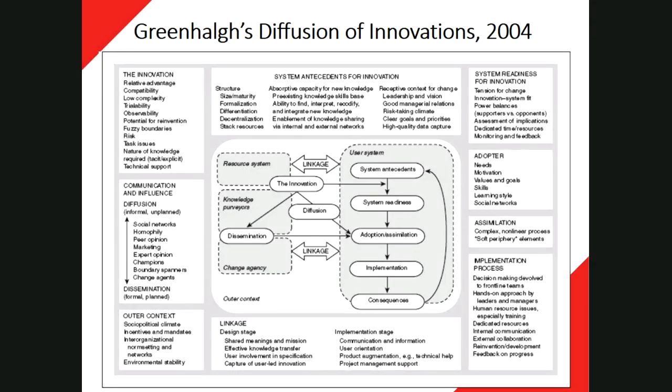Greenhalgh's diffusion of innovations is a model that was introduced in a previous lecture with this week's content. I want to explore it a little bit further because I want you to consider how comprehensive it is when this particular systematic review was written.